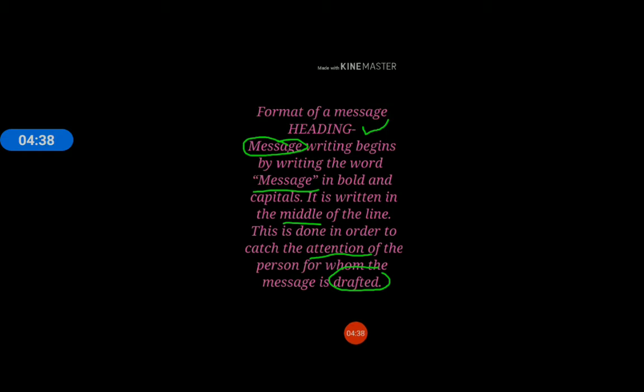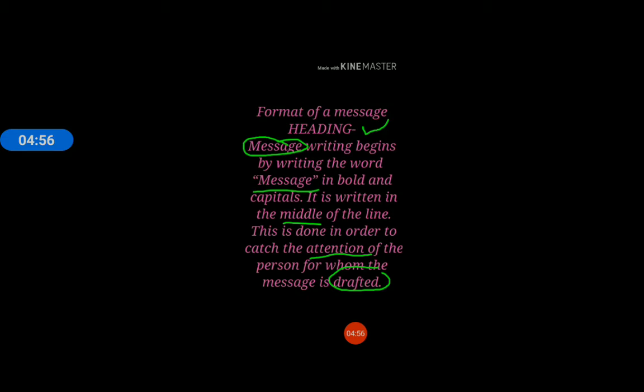You can notice here I have highlighted the important points so that you can focus on these points while writing a message. So the heading should be written in the middle, in bold and capital letters, in order to make it catchy.